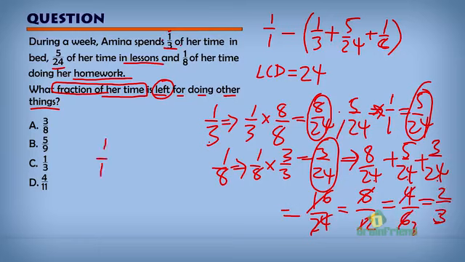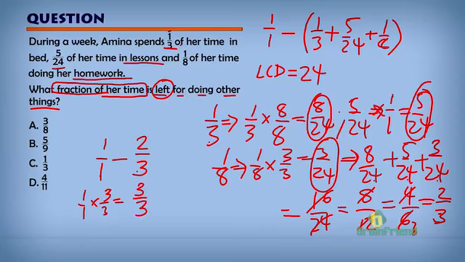We conclude our work by subtracting 2 over 3 from 1 over 1. Again, we need to find an LCD, which is 3 in this case. We simply multiply 1 times 3 to give us 3. Convert 1 over 1 to a fraction that has its denominator 3. Let's use 3, so we have 3 over 3.